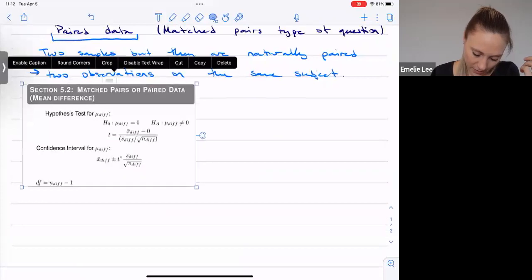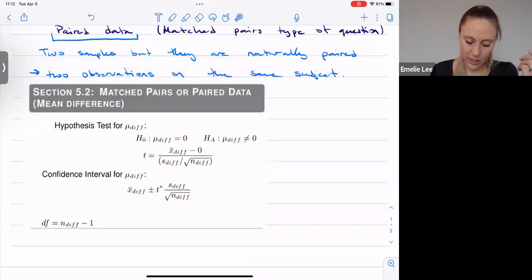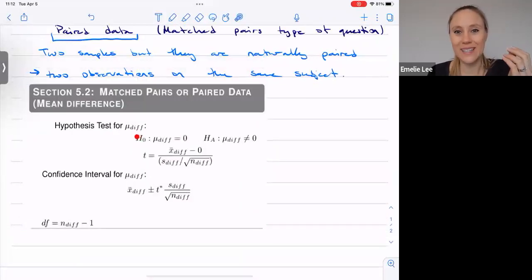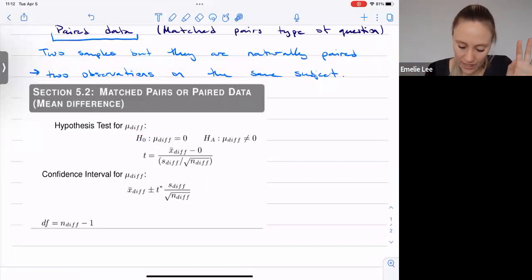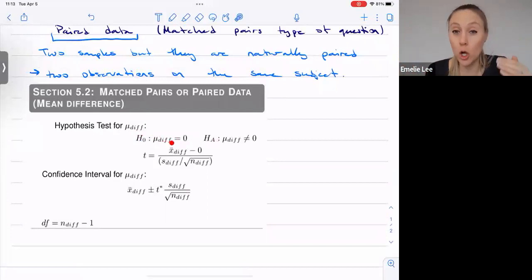So we talked about our mean now being the mean of the differences. If we're interested in whether there is a difference here, a difference of 0 says no, there's no difference. So our null hypothesis is always that the mean difference is 0. There's no difference between these two samples.